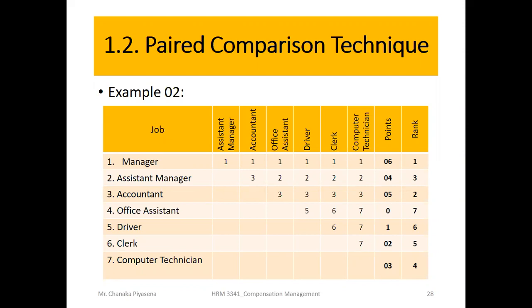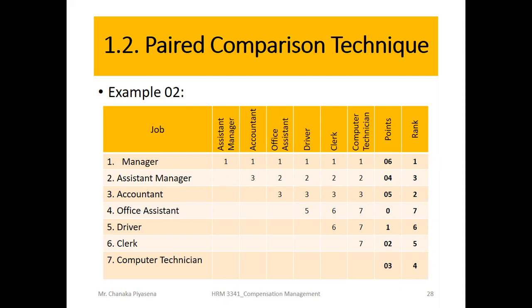Likewise, we can identify the relative worth of jobs by paired comparison. That's called the paired comparison technique. The final result is equal to the general ranking technique, but the way we identify the rank is different. I think the second technique is more convenient than the first, because at a time we only consider 2 jobs.